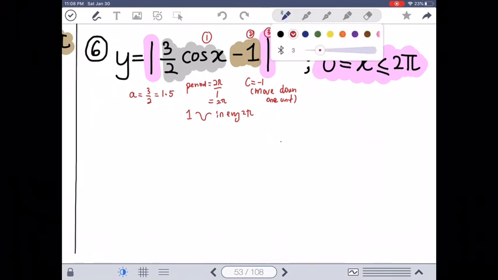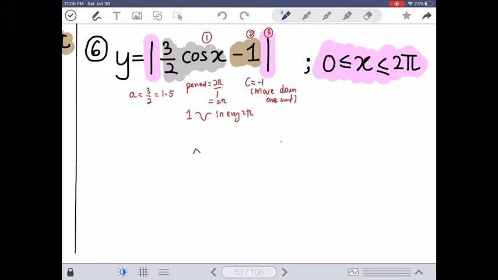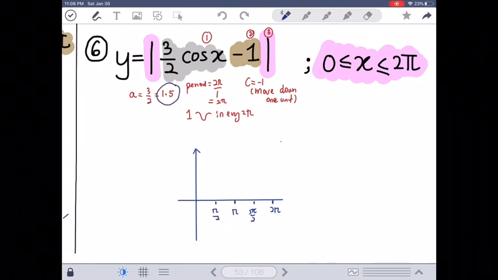When we draw, suppose that we draw from 0 until 2 pi. So this is 2 pi, 3 pi over 2, pi over 2. And we deal with amplitude 1.5. And we have shift negative 1.